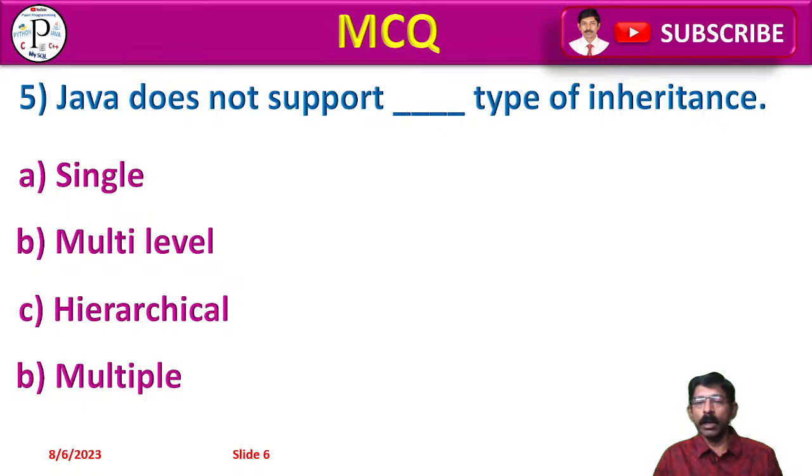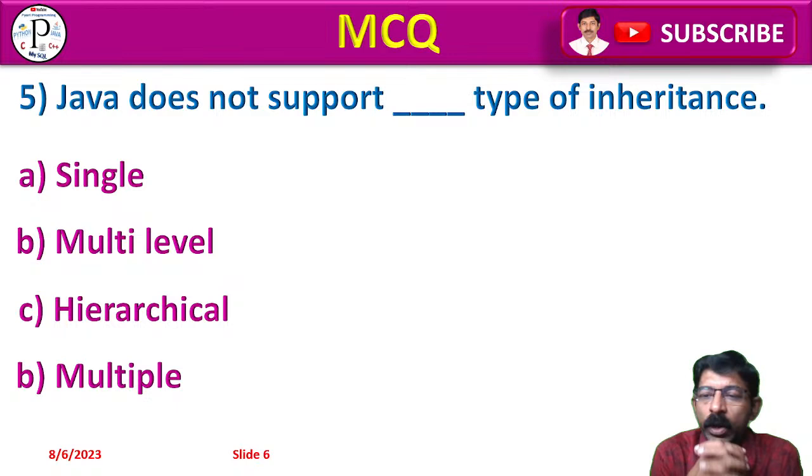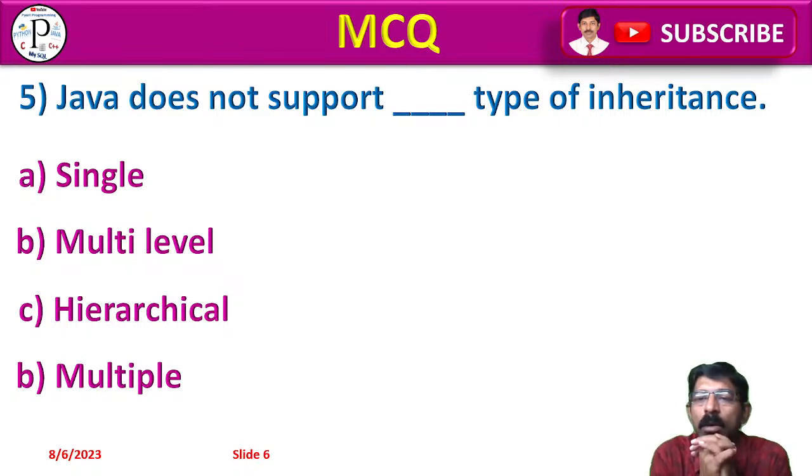D, multiple inheritance. C, hierarchical inheritance. Okay, what about others? Very few answers are coming today. Limited answers from Subhasmita, Arpita, Rajesh, and Swagat. Soham Tripathi. Only limited students are answering. Less participation today.